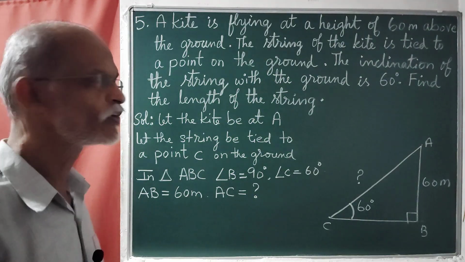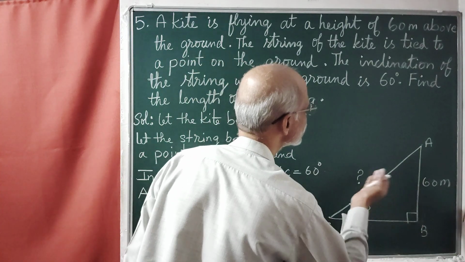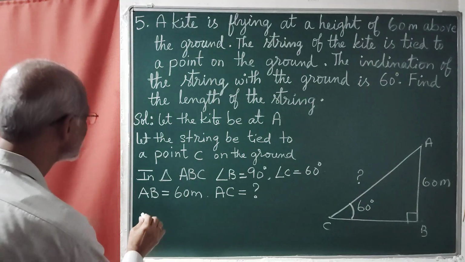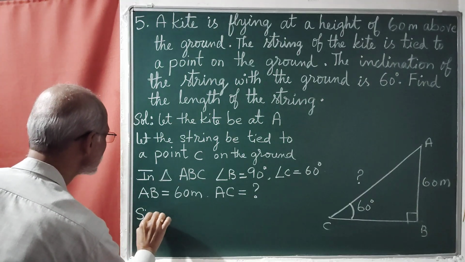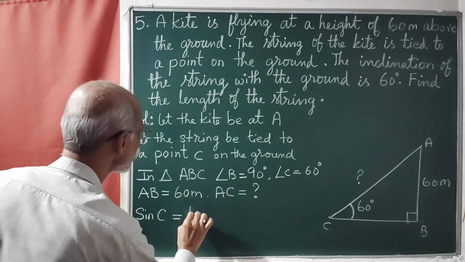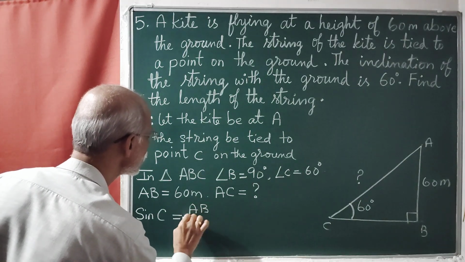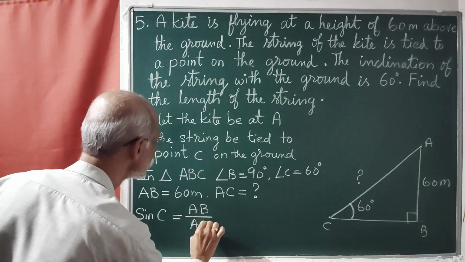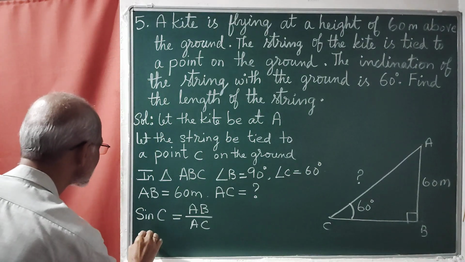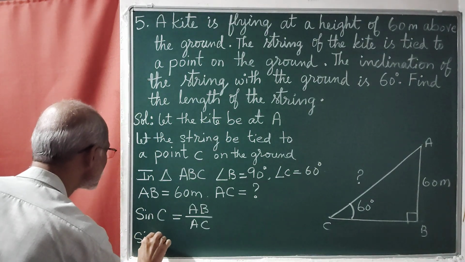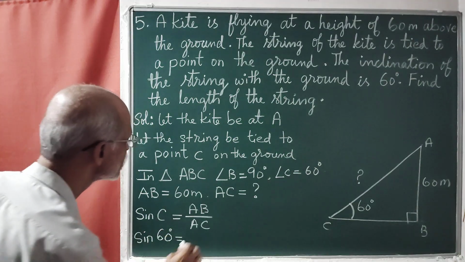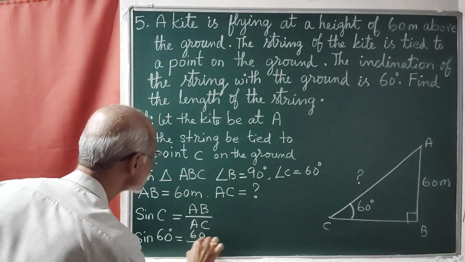Now we'll see which ratio will link AB and AC, that is sine. So sine C is equal to AB by AC, opposite side by hypotenuse. So sine 60 degrees is equal to AB, which is 60, by AC.